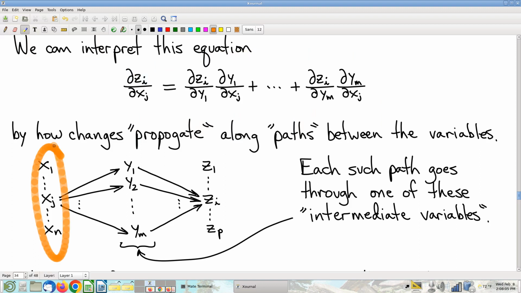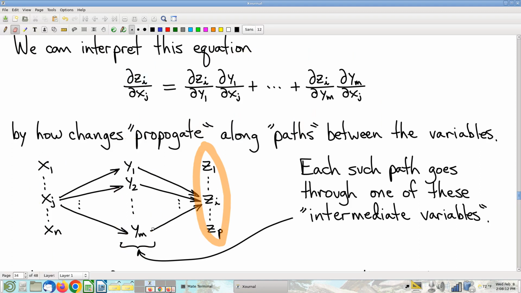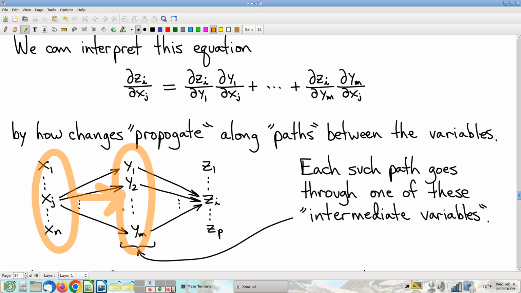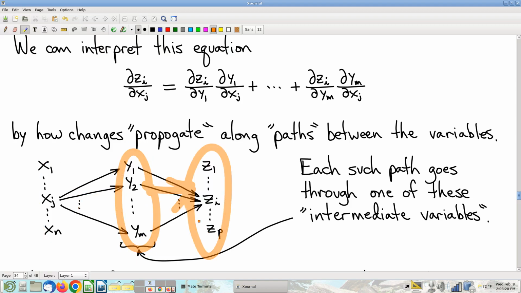We have a bunch of x variables, a bunch of y variables, a bunch of z variables, related by these two functions. This gives those is my first function, and then these give those as our second function, and then the composition and all that.